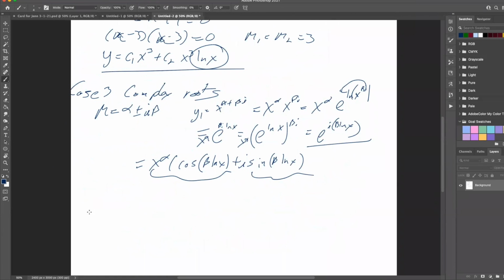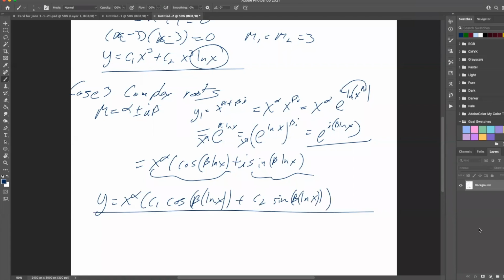So we're just going to say y is equal to x to the alpha times c1 cosine of beta ln of x plus c2 sine of beta ln x. And so this is how we get the general solution for that.